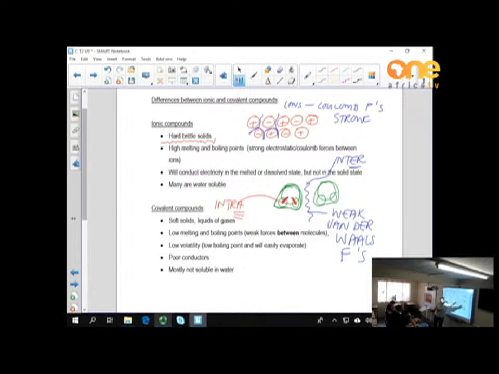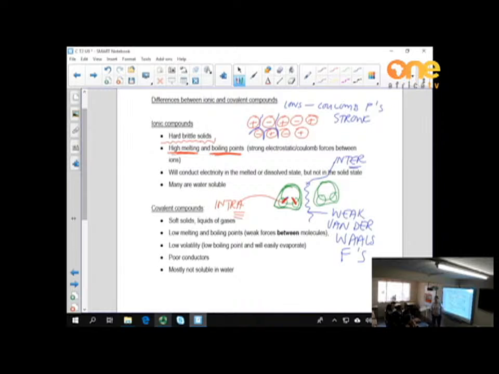If there are strong forces between the particles and I want to make that solid melt, I'm going to need lots of energy to give the particles enough energy to vibrate far away from each other to overcome the forces. So we find that ionic compounds have high melting and boiling points.